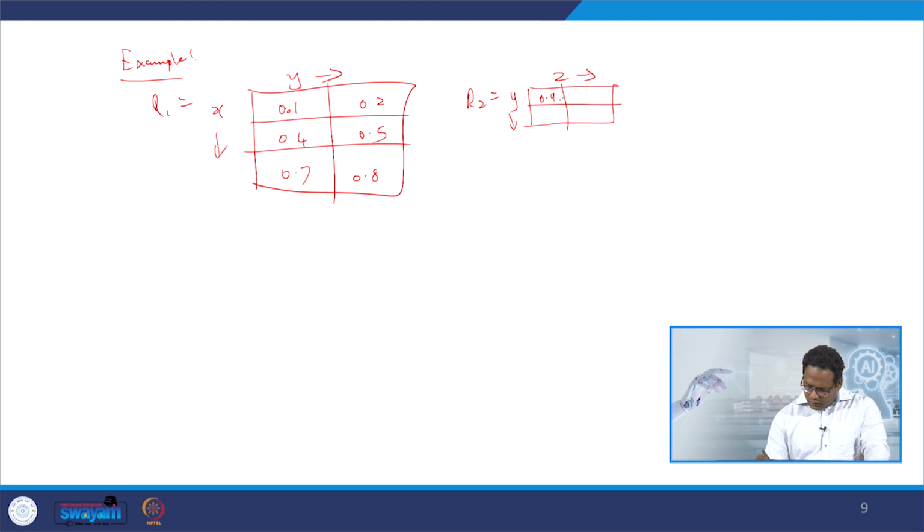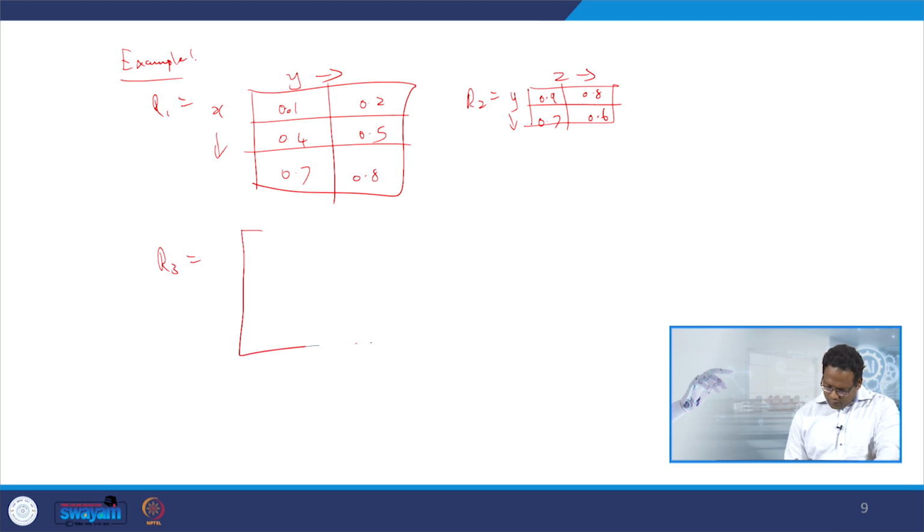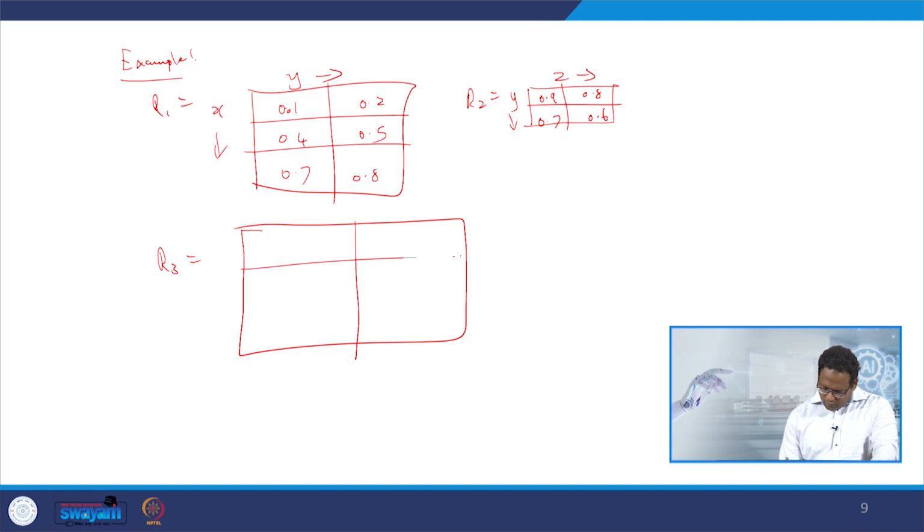So, it is given by 0.9, 0.8, 0.7, 0.6. So, by fuzzy max product composition operation, we can get R3 coming out to be a 3 cross 2 matrix, 3 rows and 2 columns.